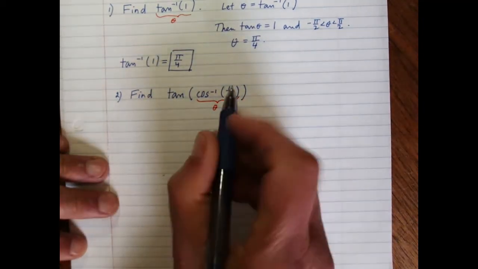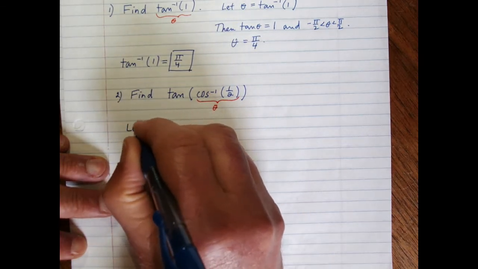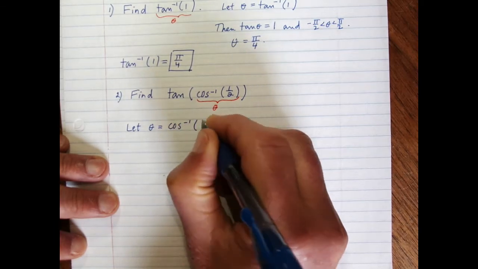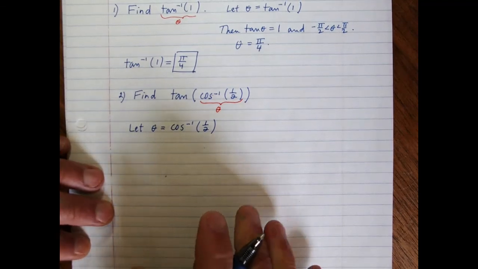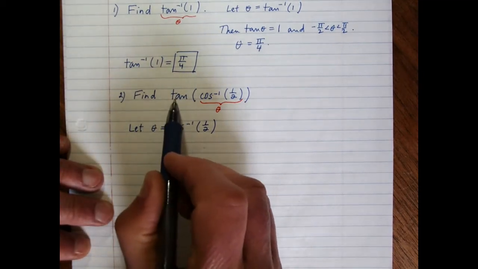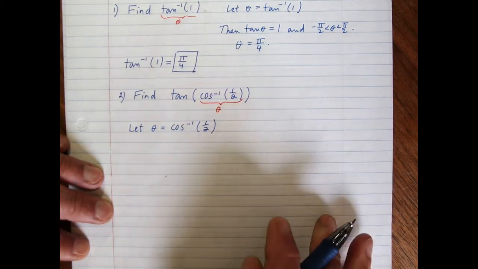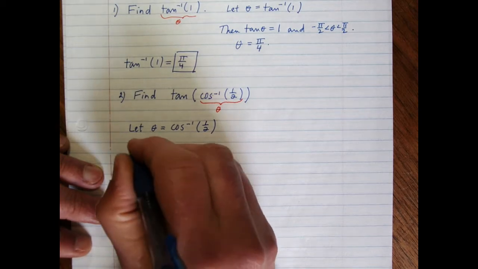We've done this in a couple problems now. So I'm going to let theta equal cosine inverse of 1/2. And what we want to find for our answer is actually going to be tangent of theta, tangent of that angle. Let's see if we can figure out what theta is.